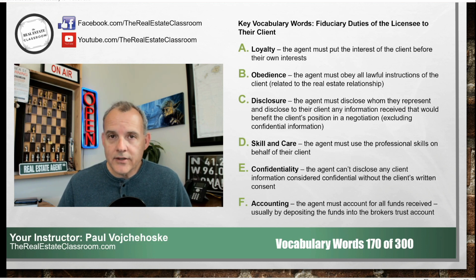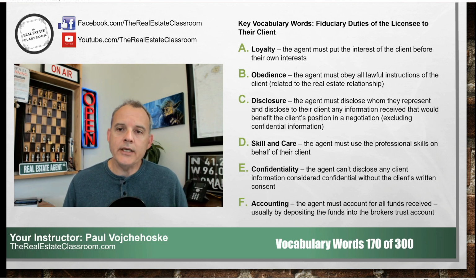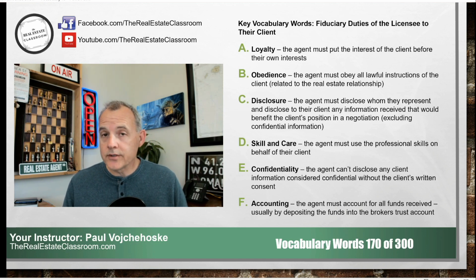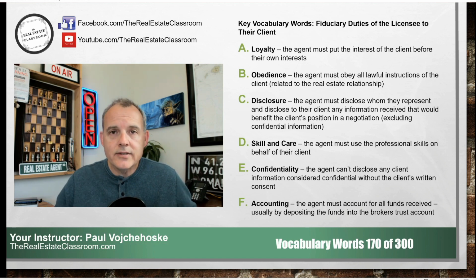You have to do it. Why? Because the fiduciary duty of obedience requires that you obey all the lawful instructions, and that is a lawful instruction, even if you know there's no hope in Hades that seller is ever going to accept that lowball offer.